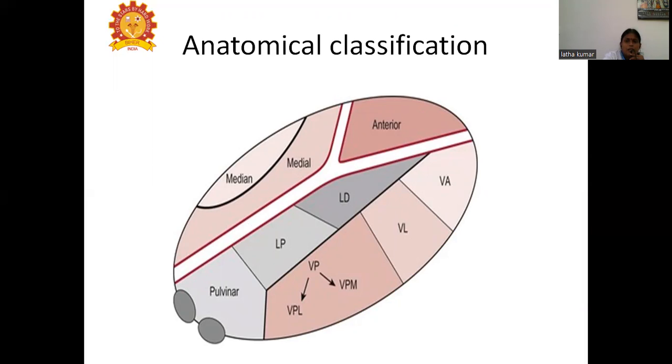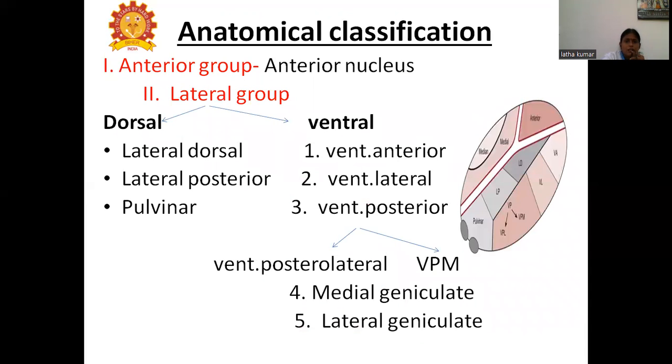The anterior nucleus is present between the bifurcation of the Y-shaped internal medullary lamina, and the lateral nuclei are present laterally. They are divided into a dorsal and a ventral part.